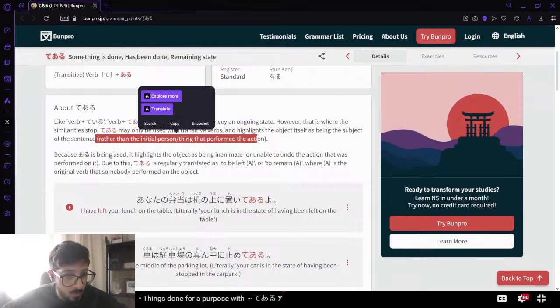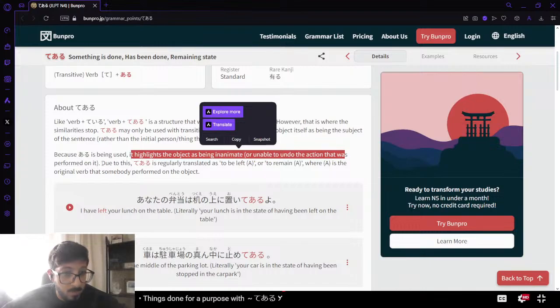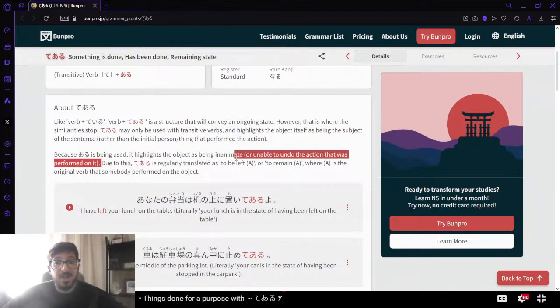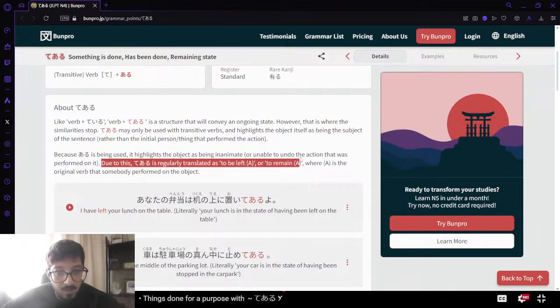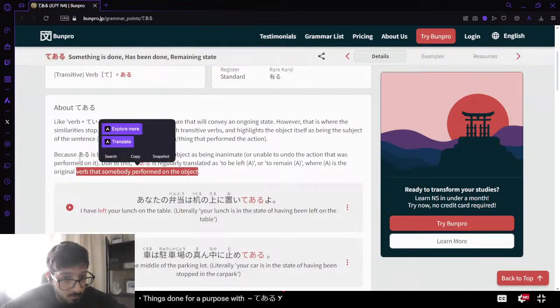Because aru is being used, it highlights the object as being inanimate or unable to undo the action that was performed on it. Due to this, tearu is regularly translated as "to be left A" or "remain A", where A is the original verb that somebody performed on the object.